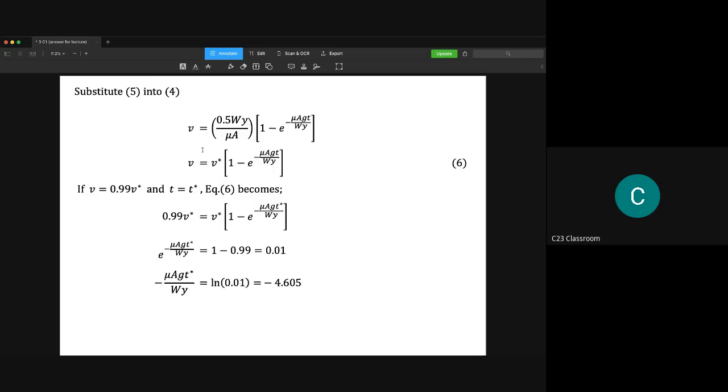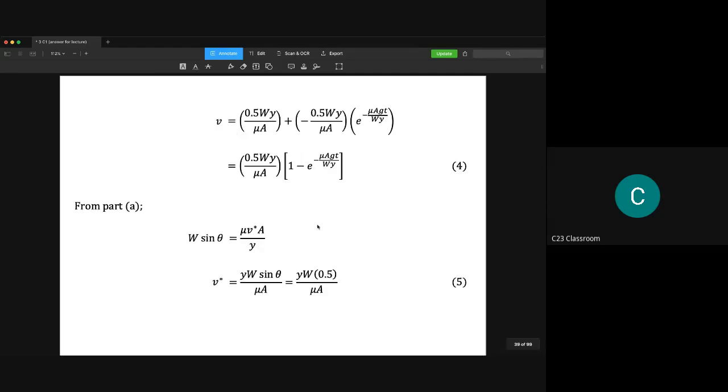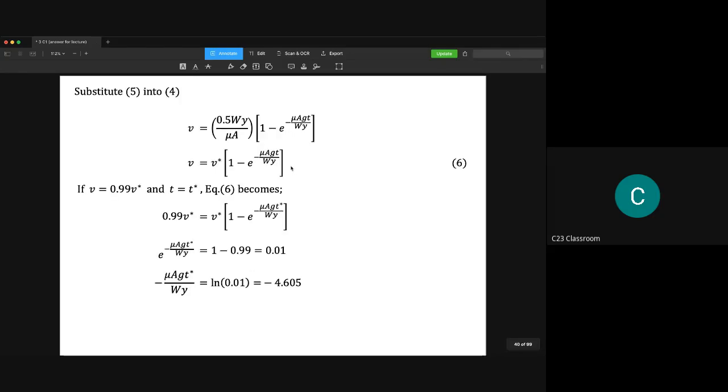Okay, so v star. Okay, I'm sorry. So you compare this equation with this equation, and then I think we could have this equation. And then finally we substitute v equals 0.99 v star, because we want it to be 99% of v star, and t equal t star, because it is the time for the terminal velocity.